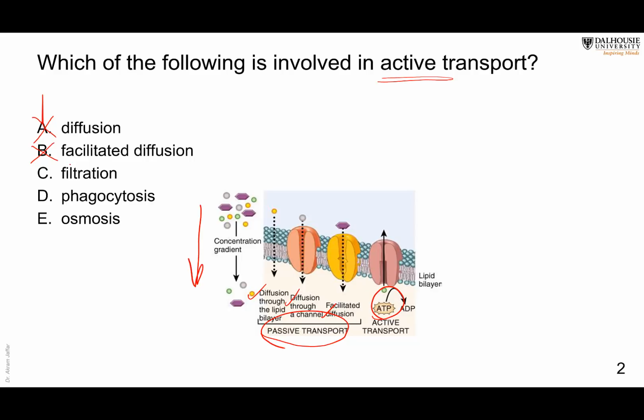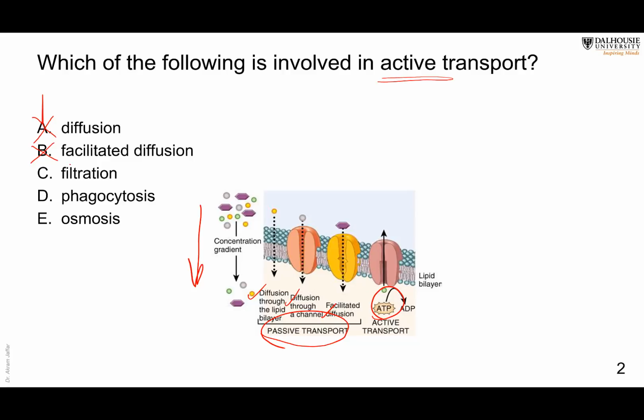Filtration is actually a process that is different from diffusion, in which substances move across the plasma membrane down a pressure gradient. It is not related to active transport, which is the transport of substances either down or up the concentration gradient. Filtration is related to a pressure gradient and should not be confused with a concentration gradient.